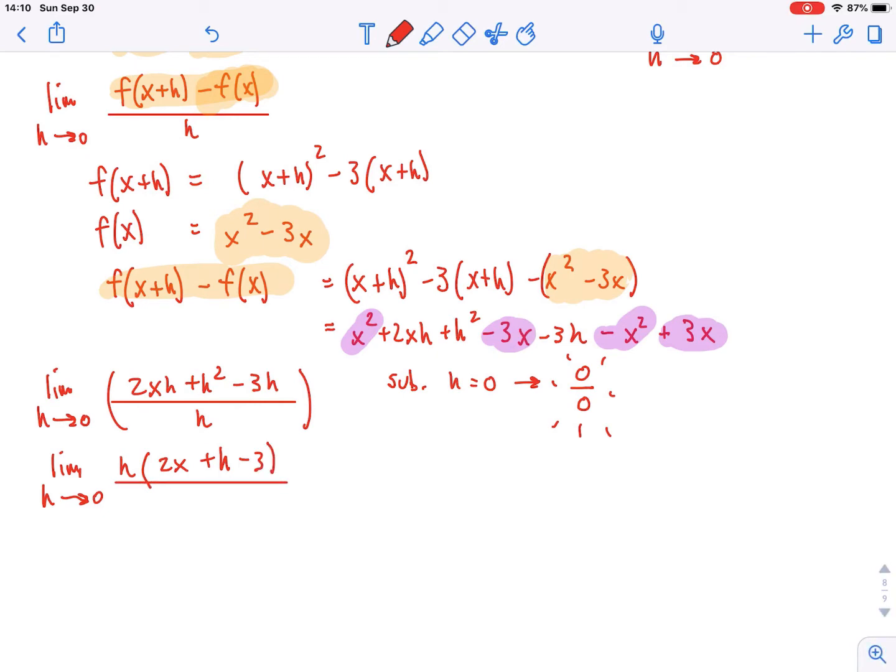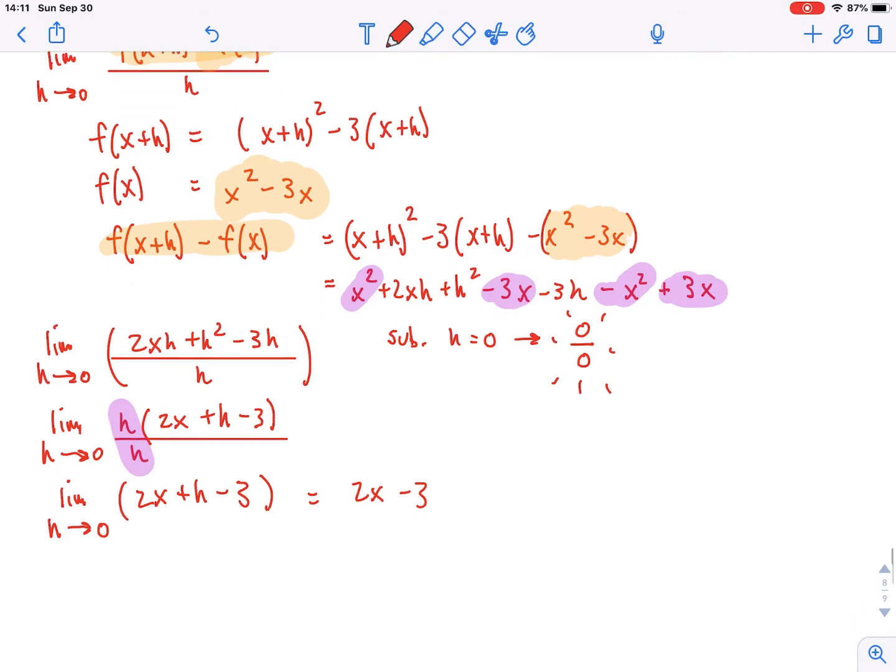Dividing that all by h, and sure enough, now we have an h in the numerator and an h in the denominator, so we can simplify this a little bit to become the limit as h approaches 0 of 2x plus h minus 3. Okay, and that limit we can just take directly by substituting, because if we do that, we don't have any indeterminate form. We just have 2x plus 0, because that's the limit there, minus 3, and let's just erase that plus 0 and leave us with 2x minus 3.